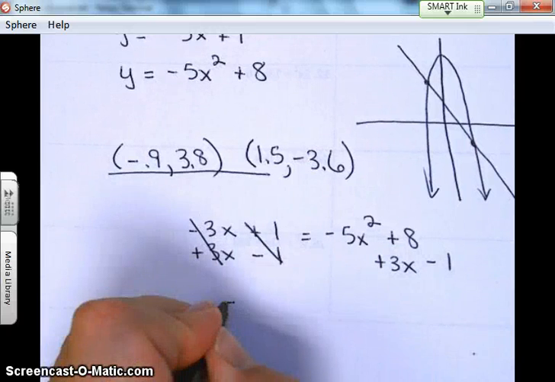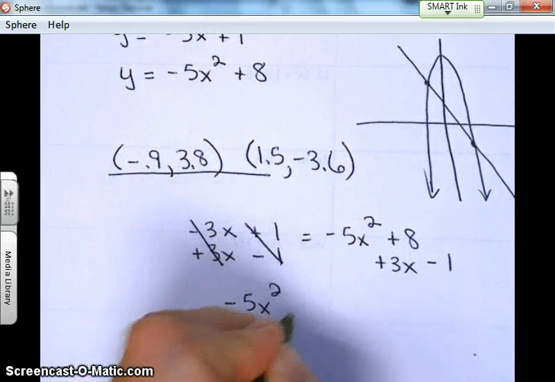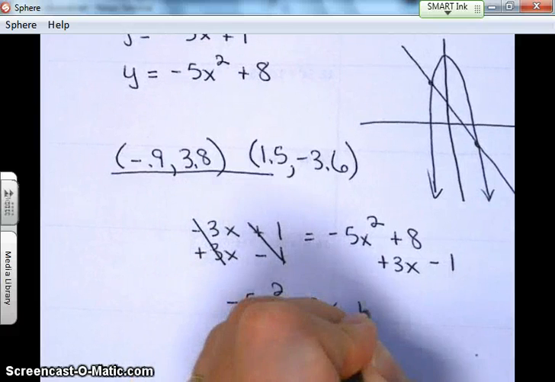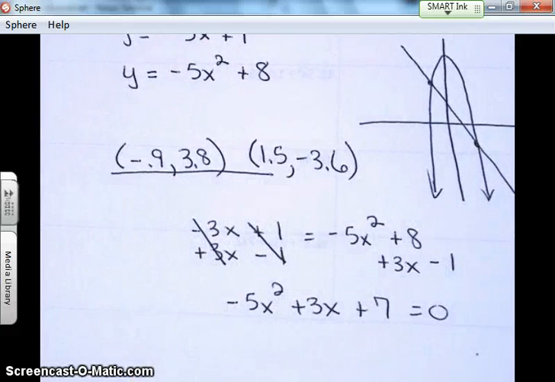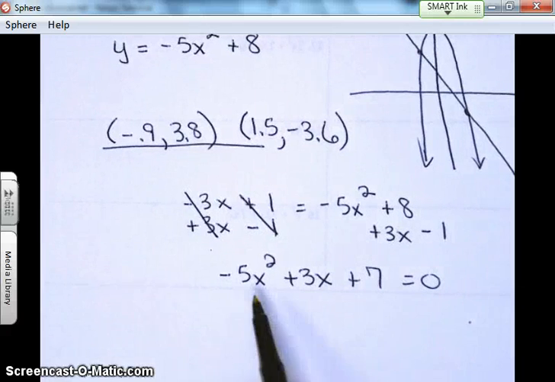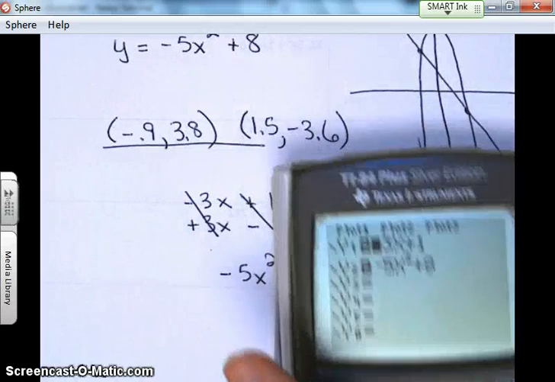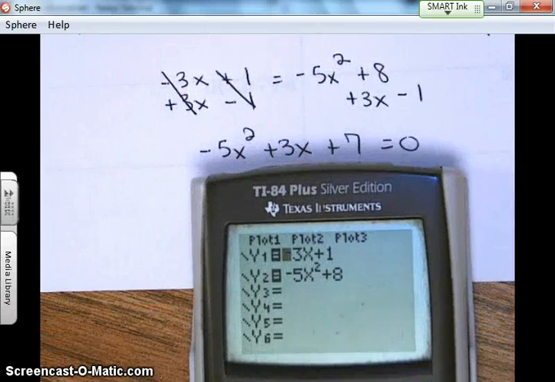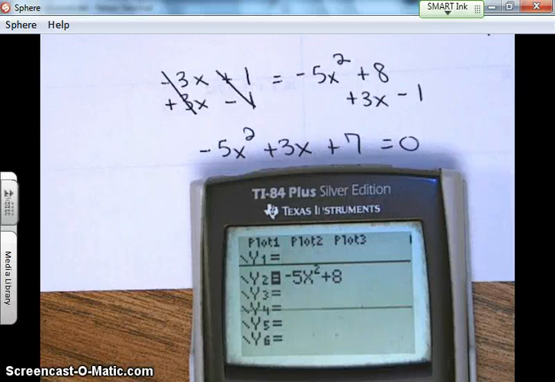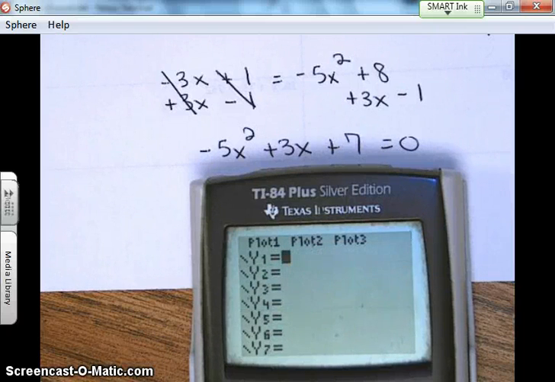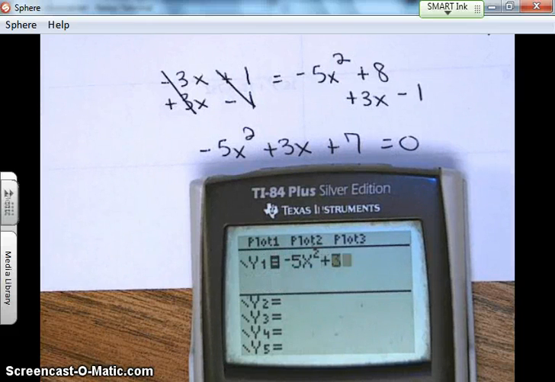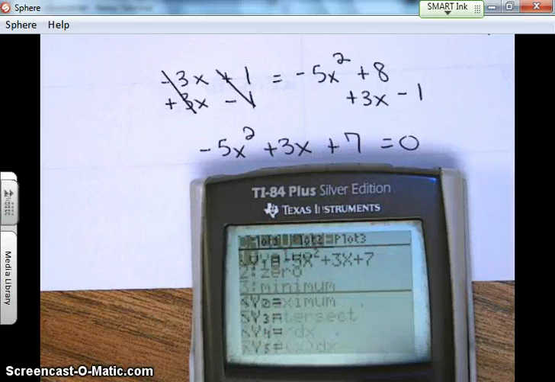I have, okay, and the easiest way to solve this would be to plug it into your calculator. And then we want to find the solutions, so we do second trace, 0.